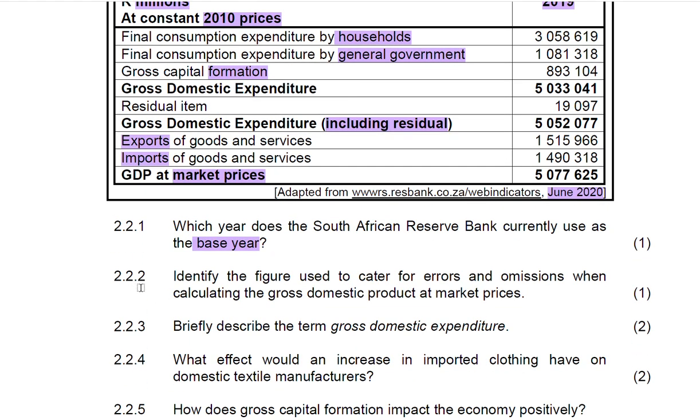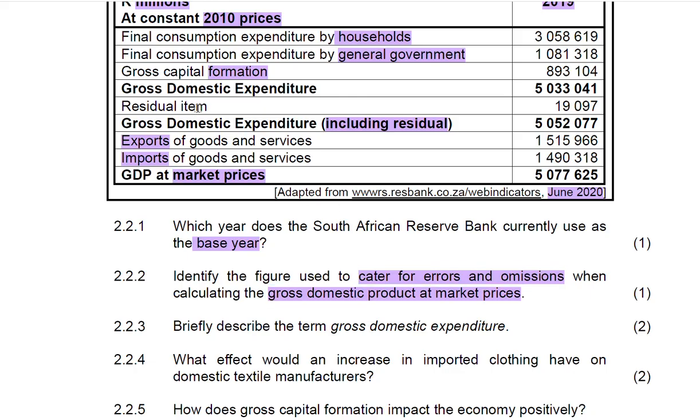And then 2.2.2, identify the figure used to cater for errors and omissions when calculating the gross domestic product at market prices. So what is the figure used to cater for errors and omissions? It will be the small amount that you see on the screen, and that was what we called the residual item.